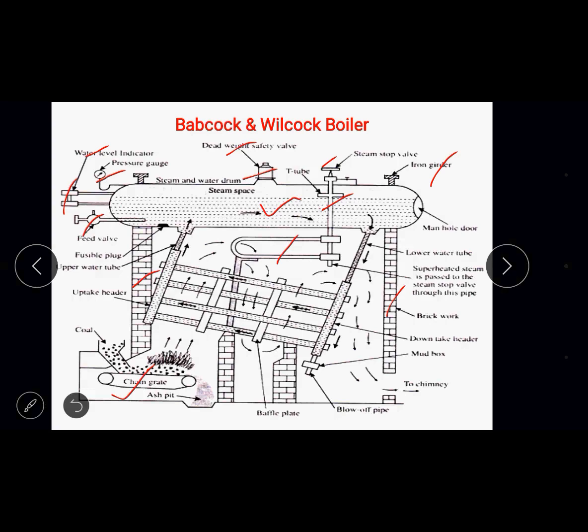And then the last right hand part, you find this manhole. Manhole means one door will be provided on the boiler drum, at the right end of the boiler drum. As the name indicates, manhole door. Using this door, an inspecting officer, an inspector, can inspect the boiler.